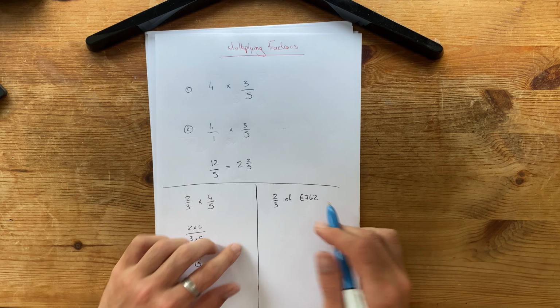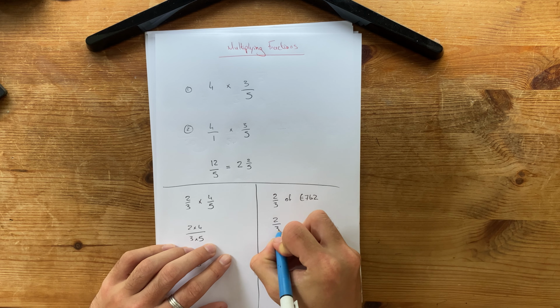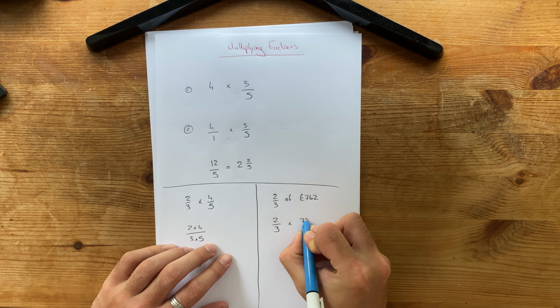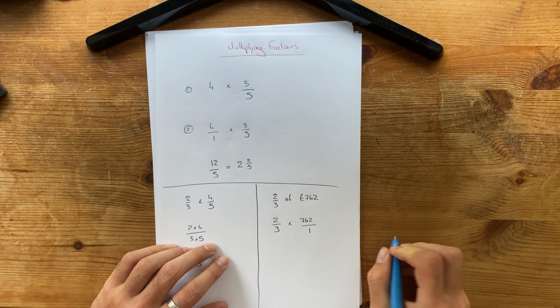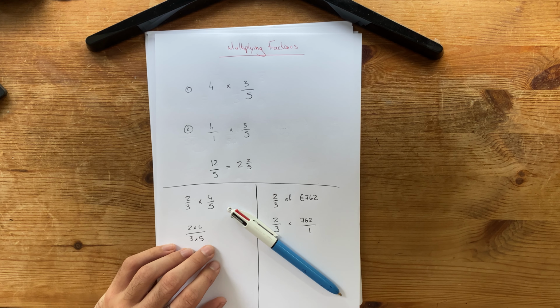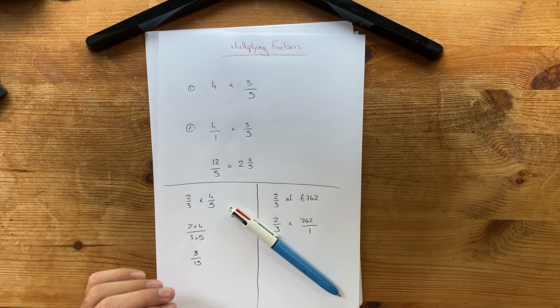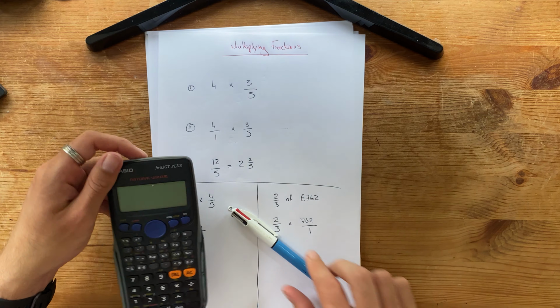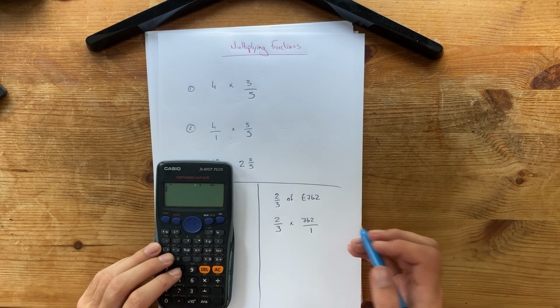All you have to do, it's the same as the one above, is 2/3 multiplied by 762 over 1, and then multiply that out. It's fairly straightforward. I want to use a calculator because I'm not going to be able to multiply that very quickly in my head.